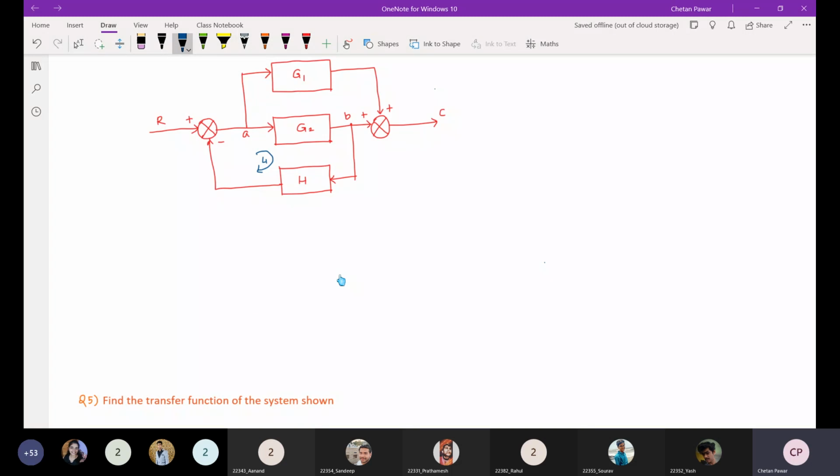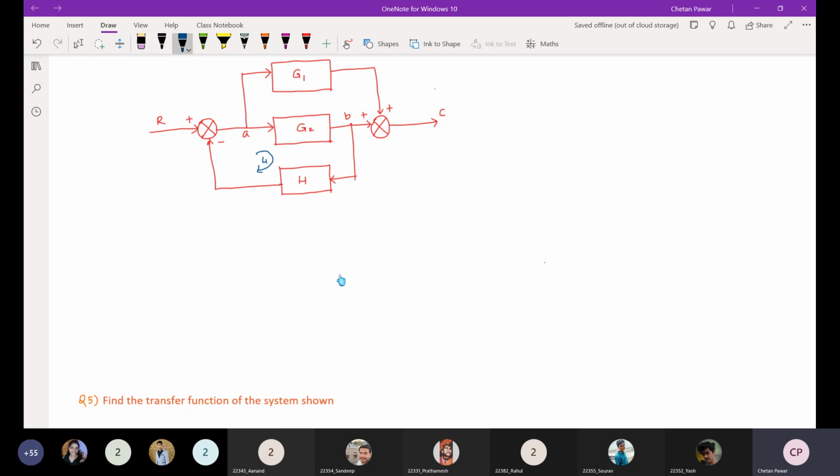But inside the loop, can anyone tell me how we can reduce the loop into a single block? What are the conditions for that? Now here you can see there is one takeoff point, so we can't reduce this closed loop into a single block.